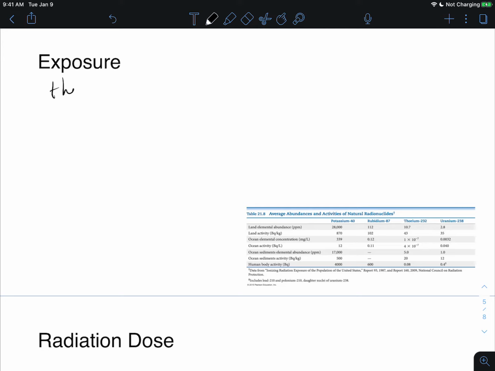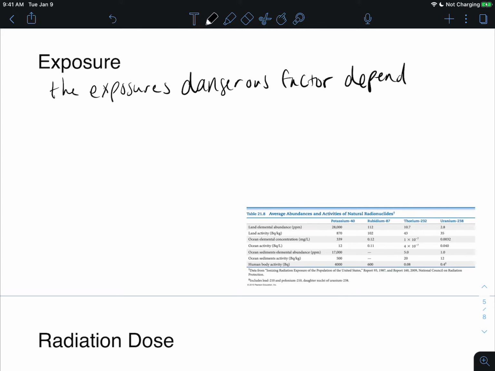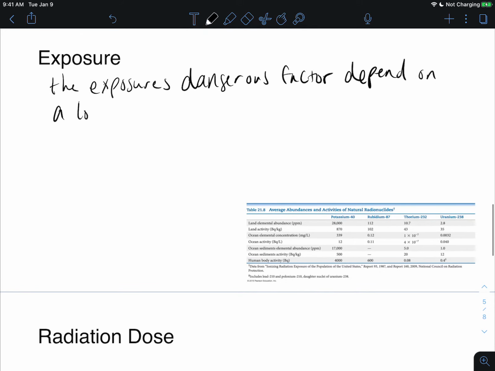The exposure levels, the dangerous factor, I guess we could say, depend on a lot of variables.